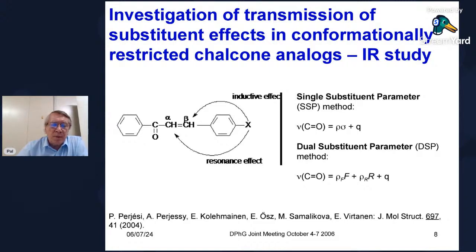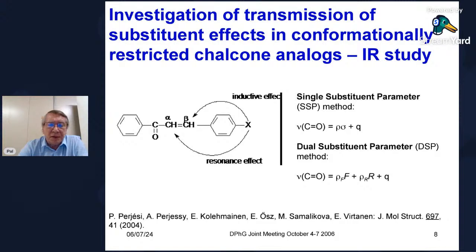In this way, this spectroscopic method can help us characterize and give information on the planarity of the chalcone moiety, since the higher the efficiency of the electronic effects of the substituents, the more planar the compound is. In other words, the stronger the conjugation.